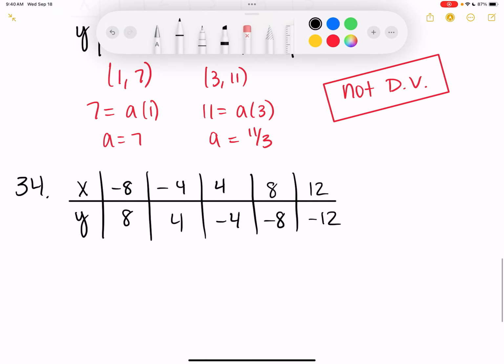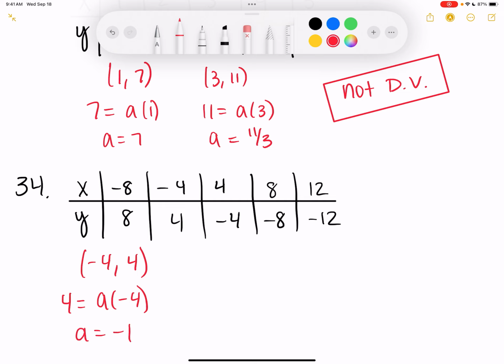Which one do y'all want to do first? I don't care which points we pick. -4 and 4. So I get 4 equals a times -4, which gives me -1. So a is -1. Somebody else pick another point.